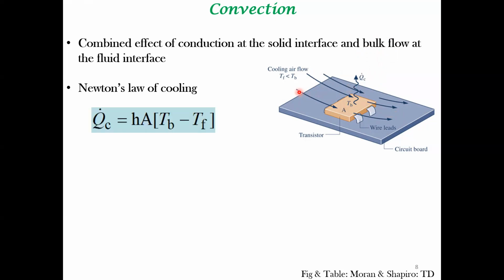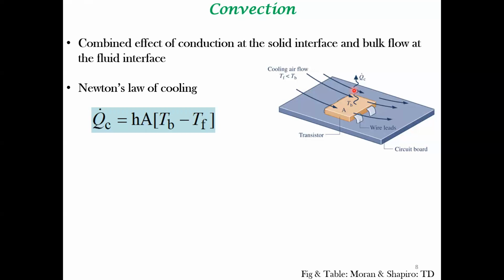So the mathematical expression for convection is encapsulated in what is called Newton's law of cooling. It depends upon the difference between... maybe there's a negative sign missing here.